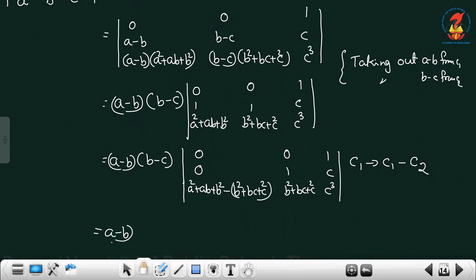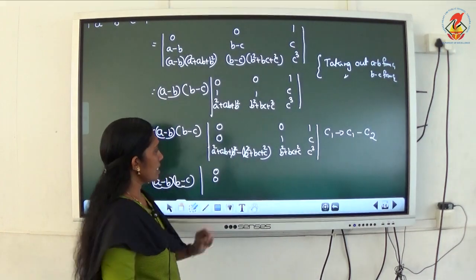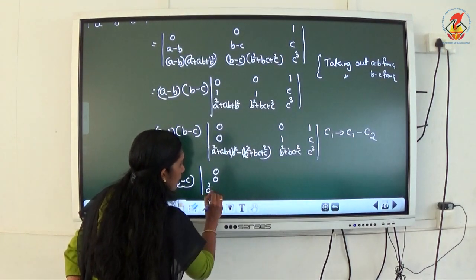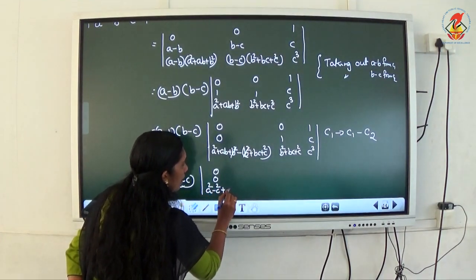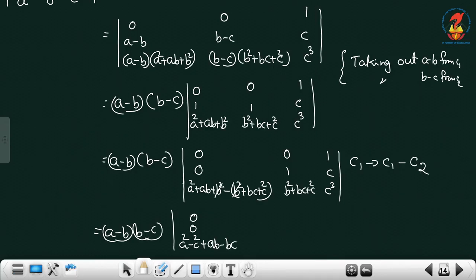So a minus b into b minus c into, here b square cancels. A square minus c square, then ab minus bc. Here 0, 1, b square plus bc plus c square, 1, c, c cube.